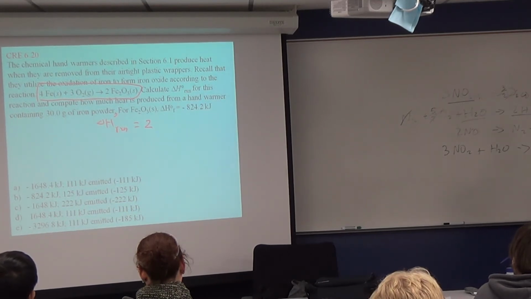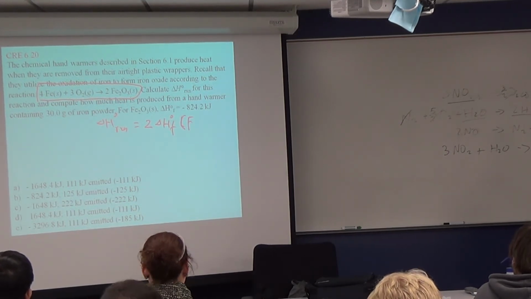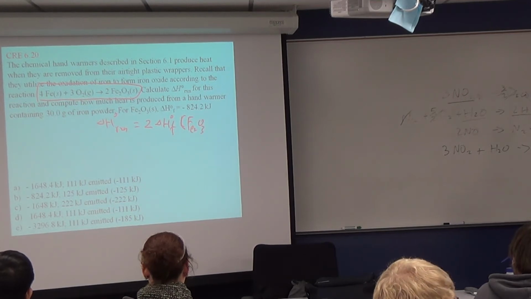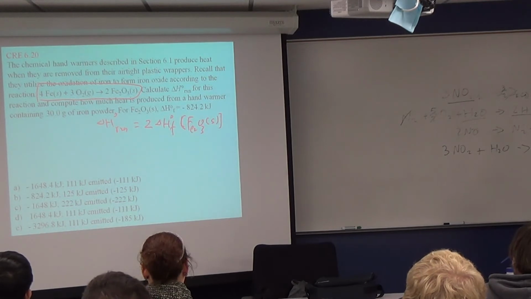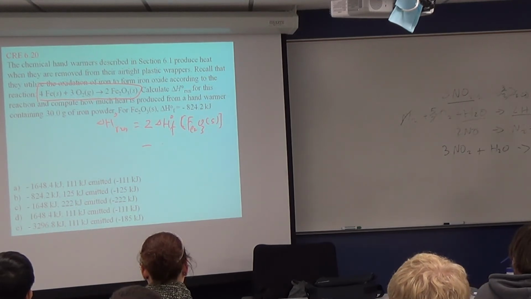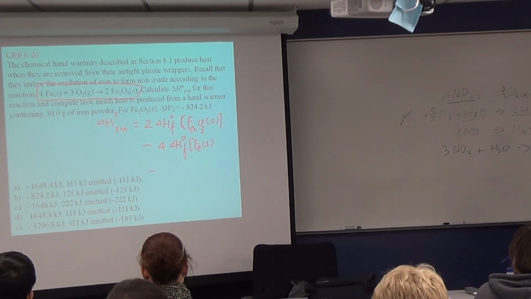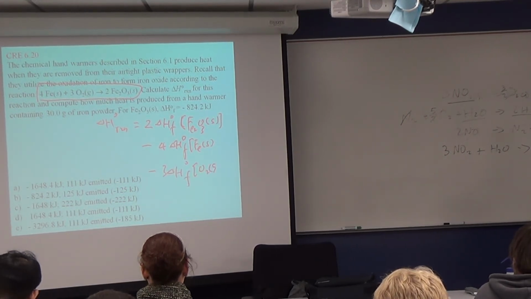So only one product, we have 2 of them. So don't forget you have 2 times delta H0F for what substance? Fe2O3, what state? S. And then minus 4 times delta H0F for the Fe solid, minus 3 times delta H0F for O2 gas, right?